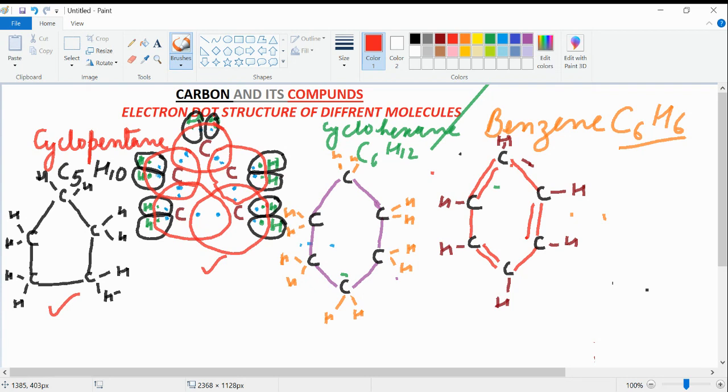Now you can count, each carbon has 4 bonds. 1, 2, 3, 4. So each carbon has 4 bonds and each hydrogen has a single bond. Now we will draw its electron dot structure.